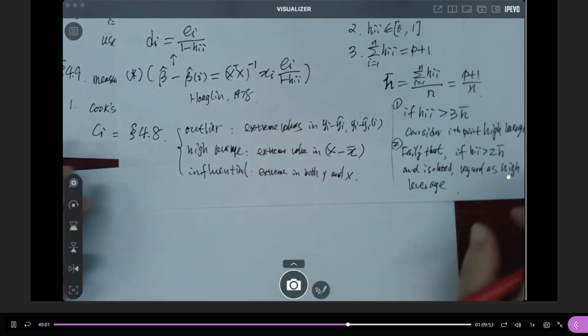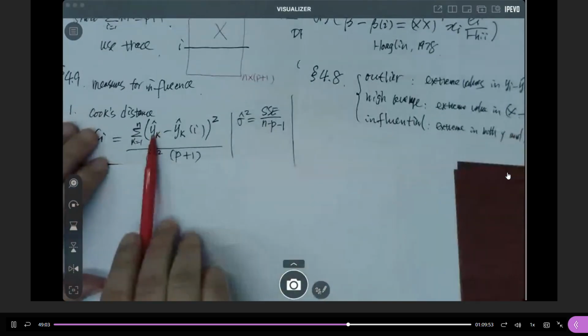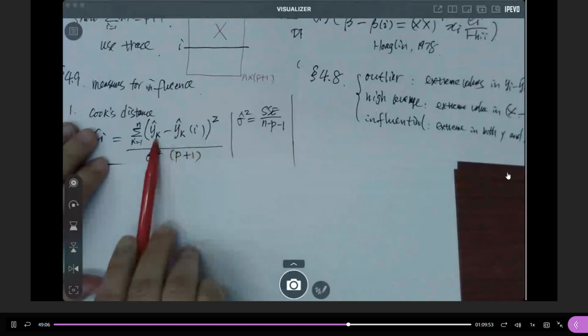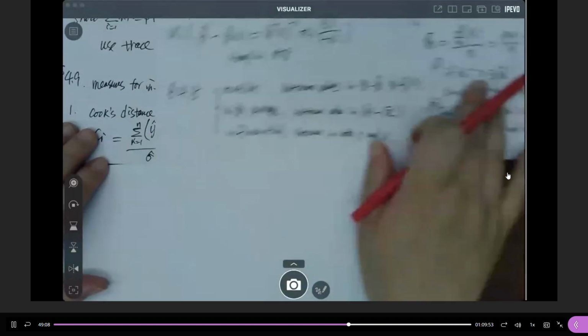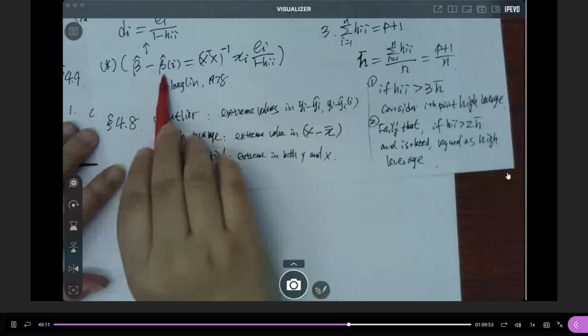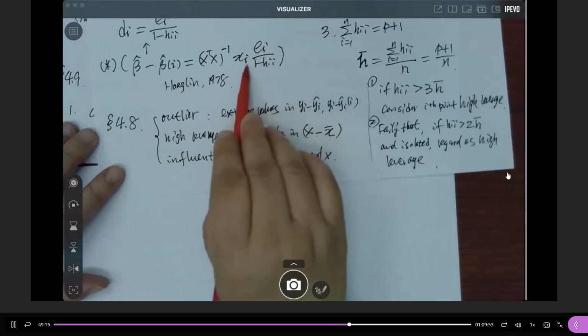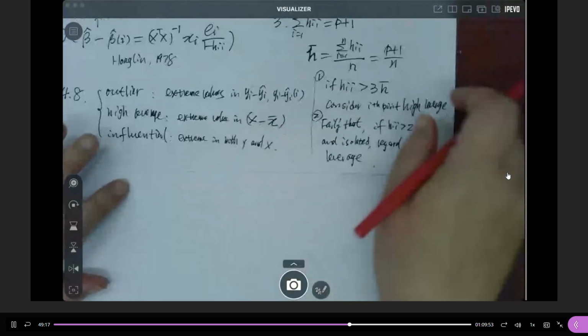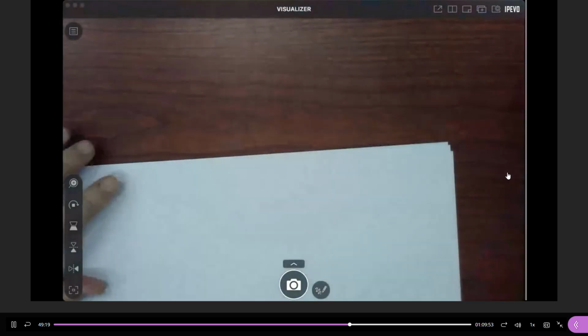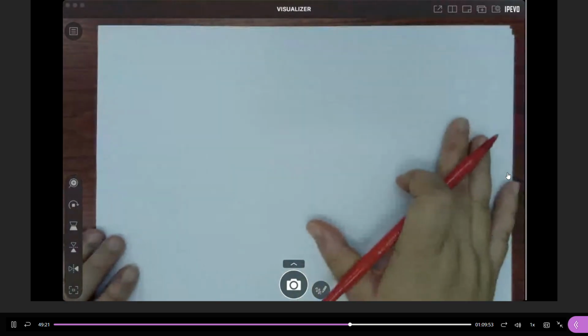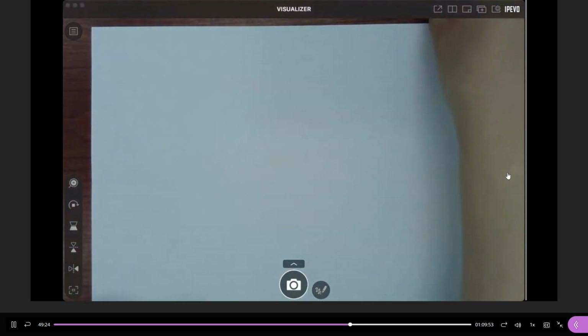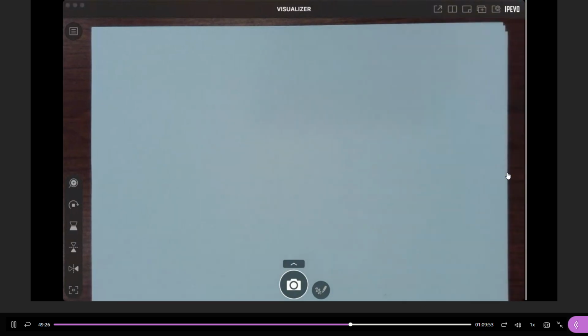So basically, in the formula, although you only see y hat minus y hat with the ith deleted, you actually see this beta hat minus beta hat with the ith deleted, which includes both extremeness in y and extremeness in x, and in a manner that is multiplied together. All right. So far we defined two measures: Cook's distance and DFFITS. Both consider the outlierness in y and also the outlierness in x, and they are multiplied together.